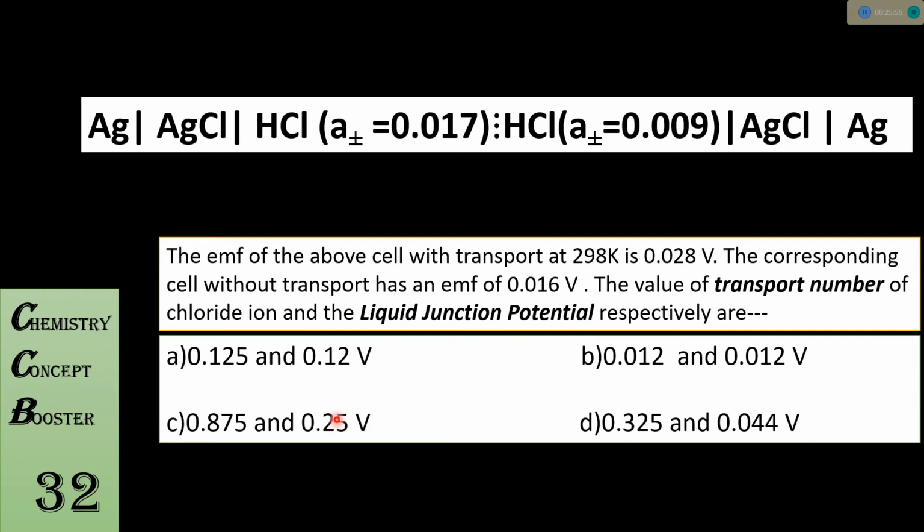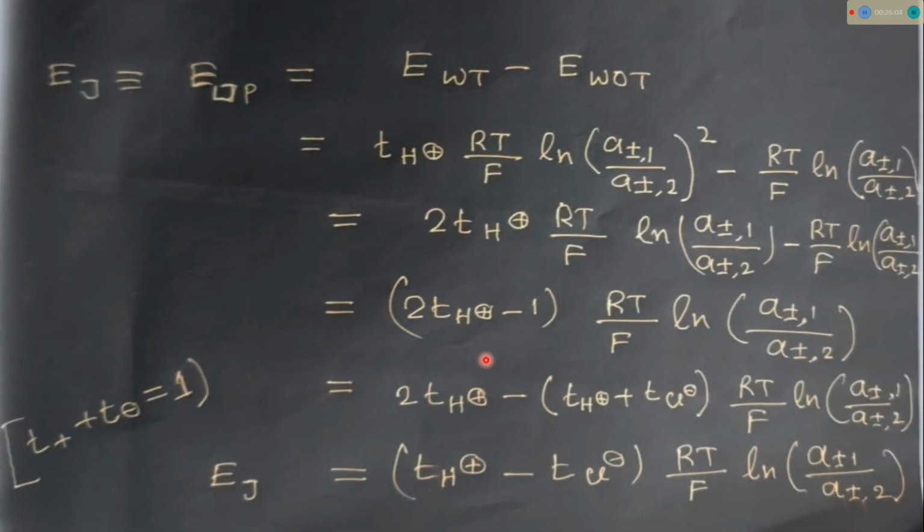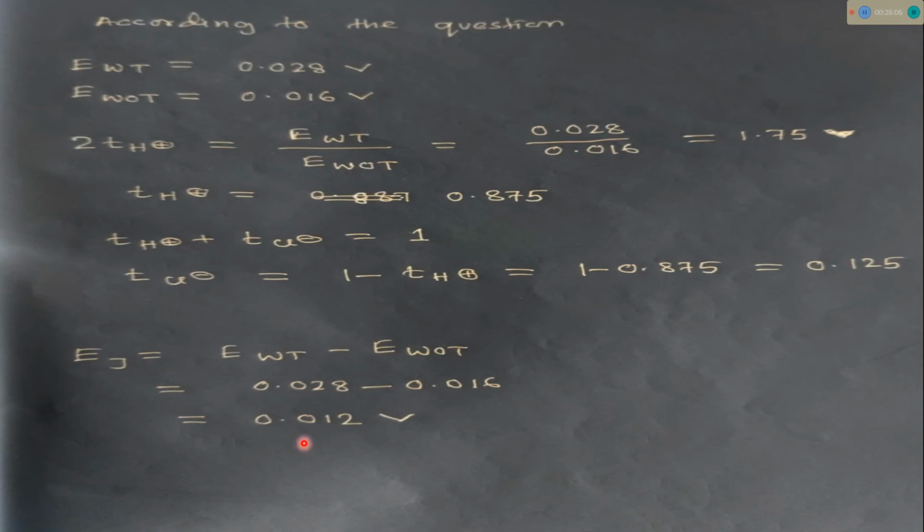Liquid junction potential is 0.012 volt.